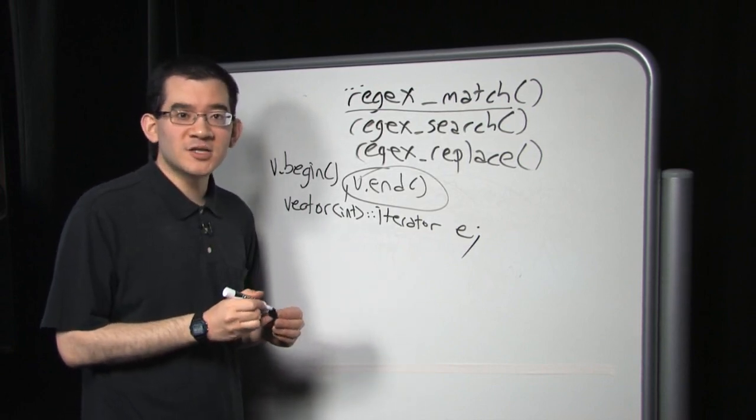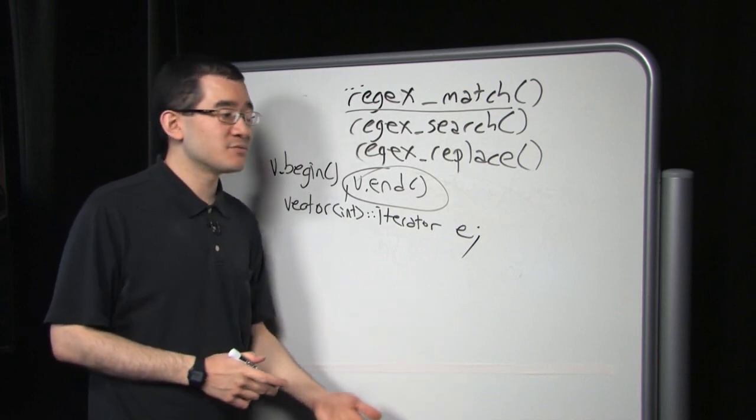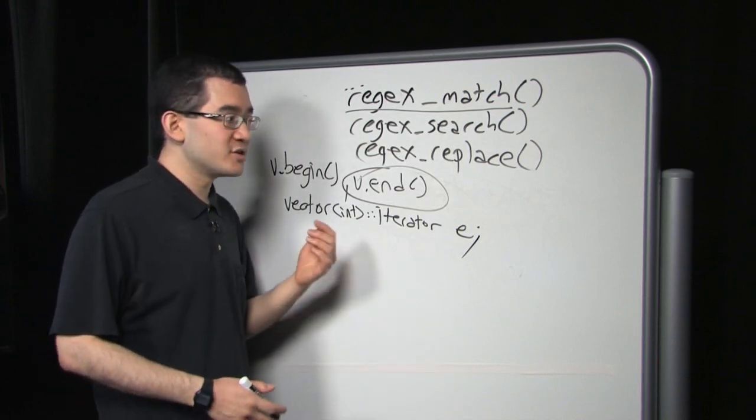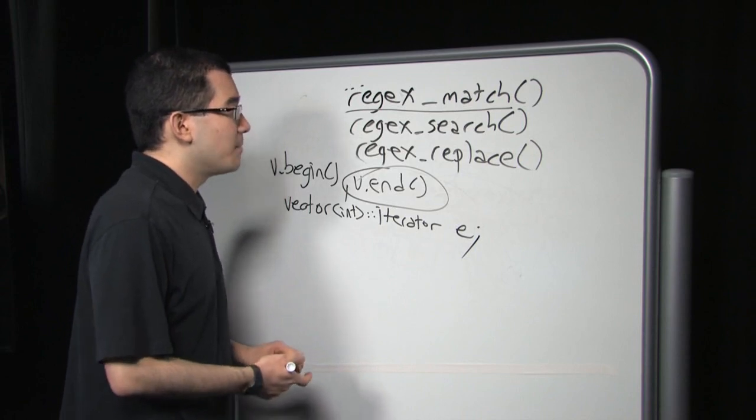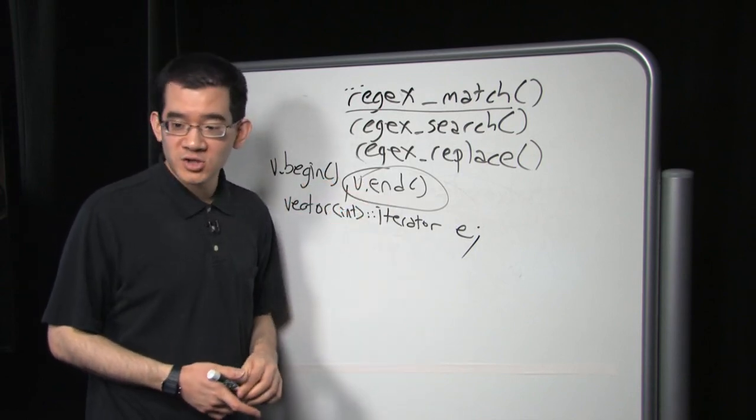It means it contains garbage and it's completely useless. You can't compare it to anything, certainly can't dereference it, can't do anything with it other than destroy or assign it. So with container iterators, you always need to ask the parent container, okay, what's your end?